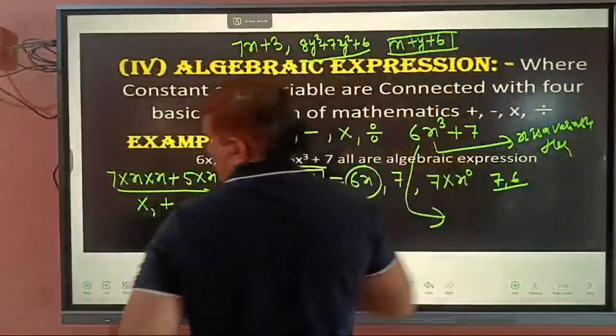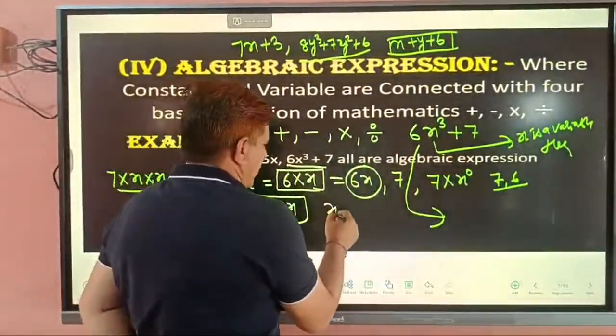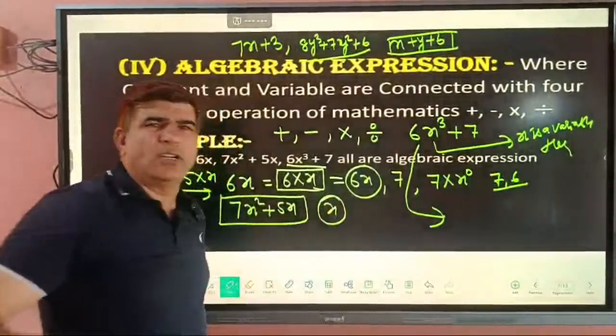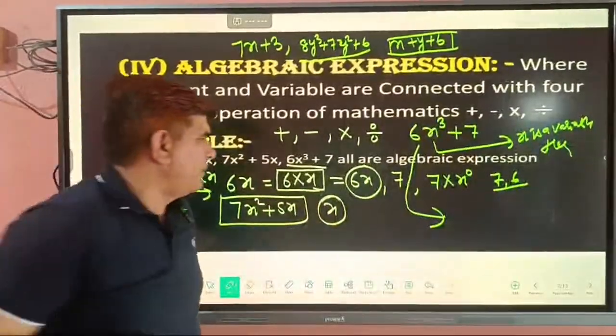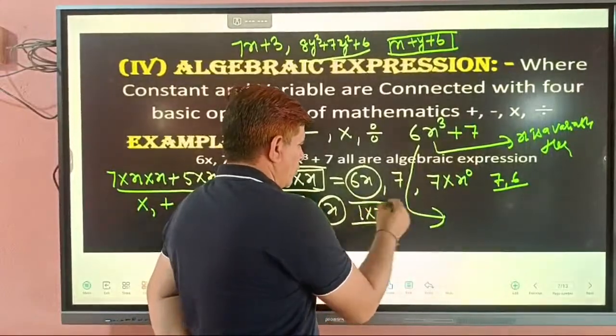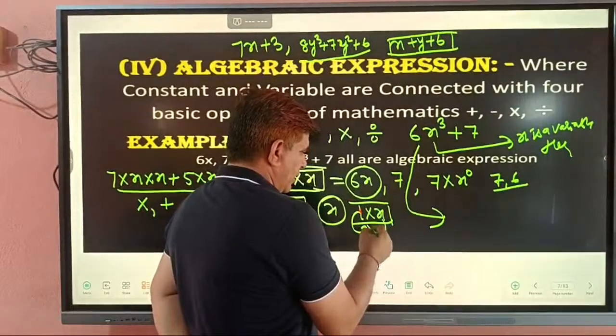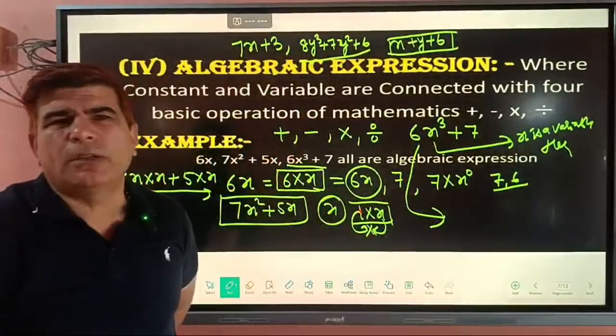Definitely. x I have written, is it an algebraic expression? Yes, definitely. Why? Because x we can write like this, so constant this and variable this are connected with this operation of mathematics.